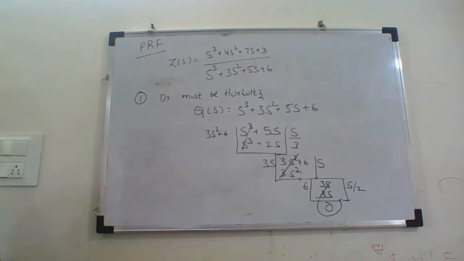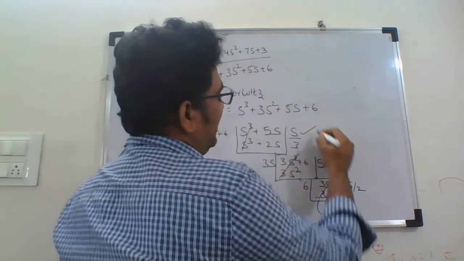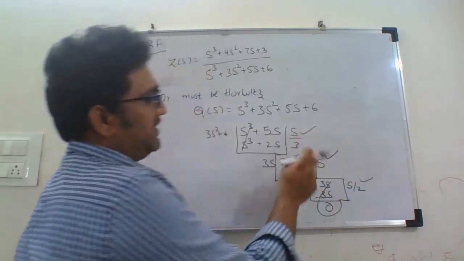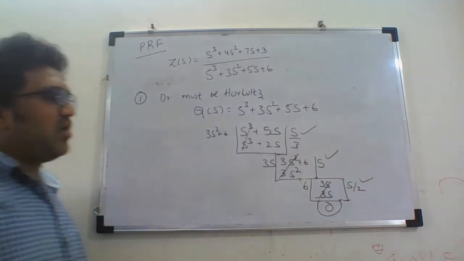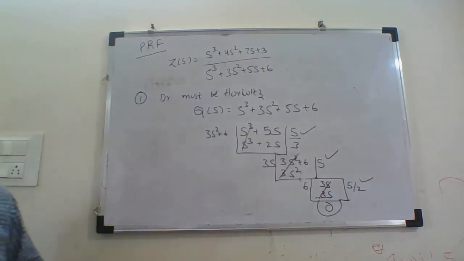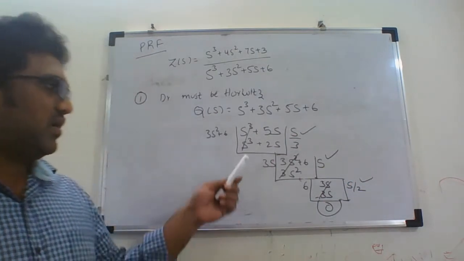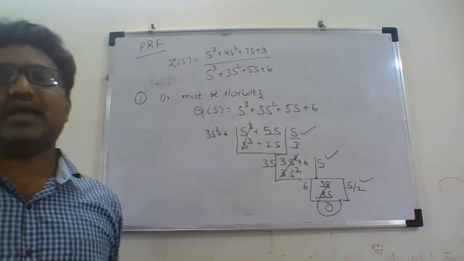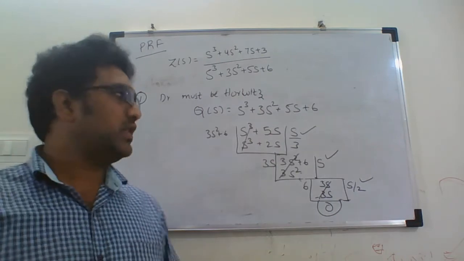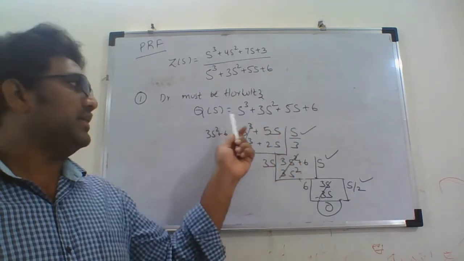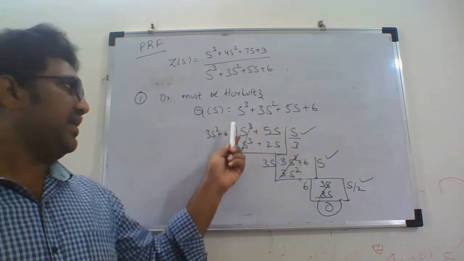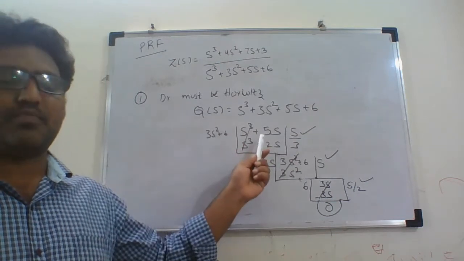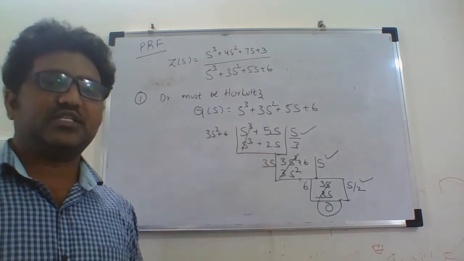Here we can see that all the quotients I got, s by 3, s and s by 2, are positive. That is the necessary condition to call this polynomial a Hurwitz polynomial. All the coefficients are positive, all the terms are present, and when I divide the even part by the odd part, I get all the quotients as positive.